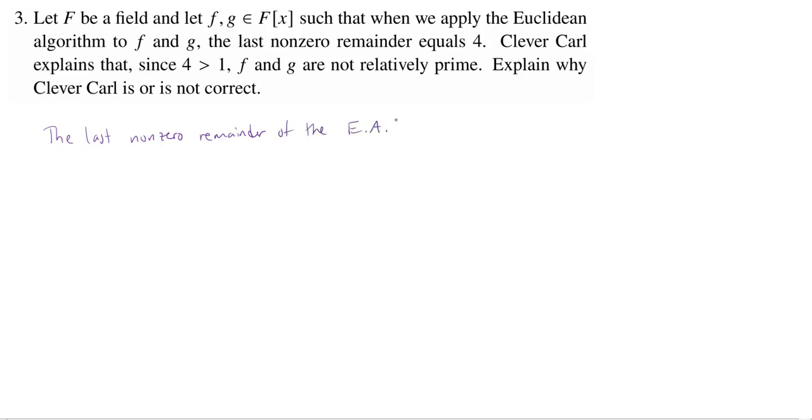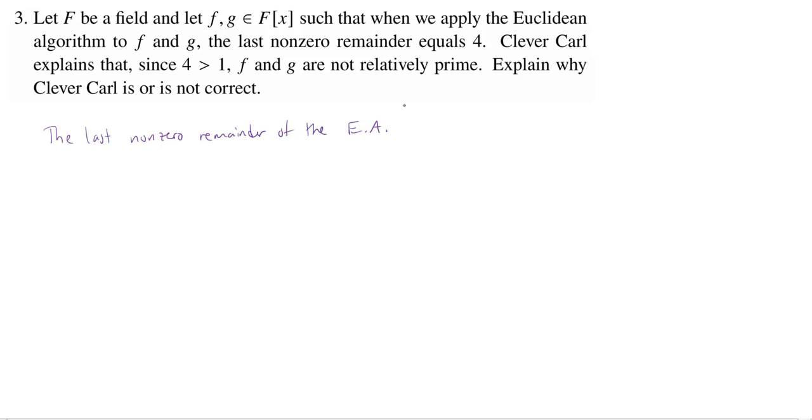This works just like the integers in that it's going to give us a greatest common divisor. The only real difference is that when you're working over the integers, you obtain the greatest common divisor, but when we're working over a polynomial ring, there is not the greatest common divisor. There are only greatest common divisors. So there can be plural.